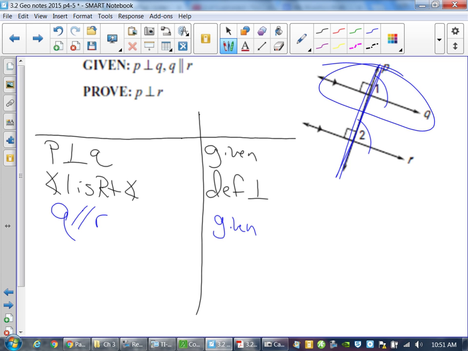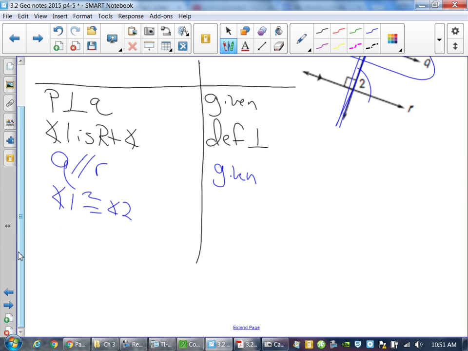What do you know about corresponding angles? They're congruent. Very good. So now I can say that angle 1 is congruent to angle 2, and this is the reason, right off the progression sheet: if two parallel lines are cut by a transversal, corresponding angles are congruent.